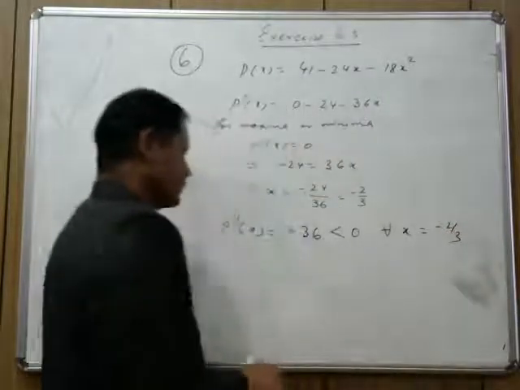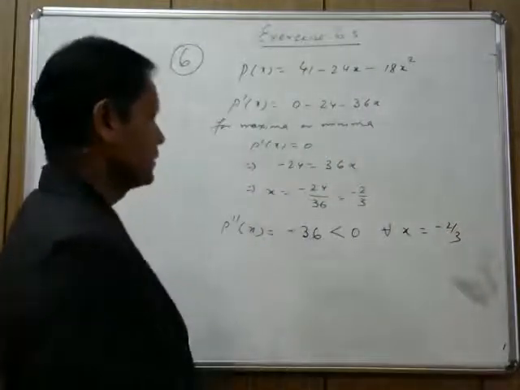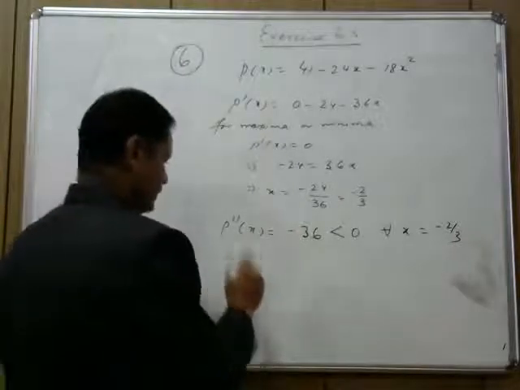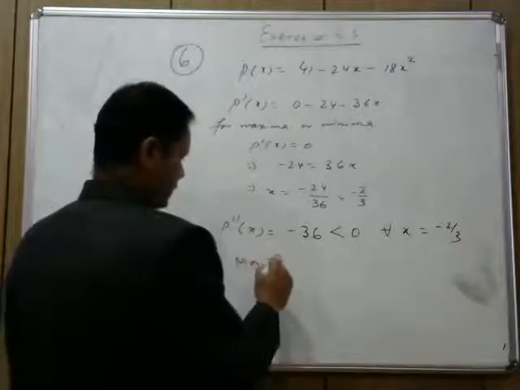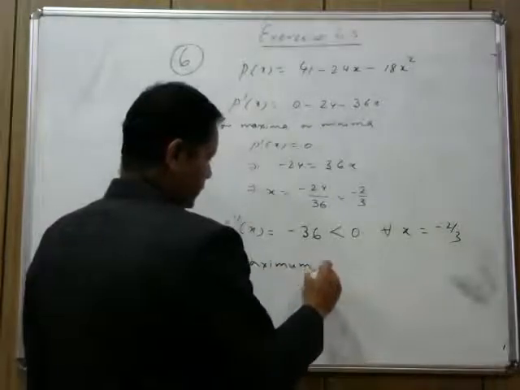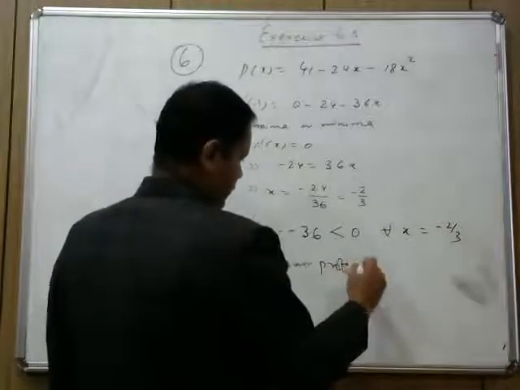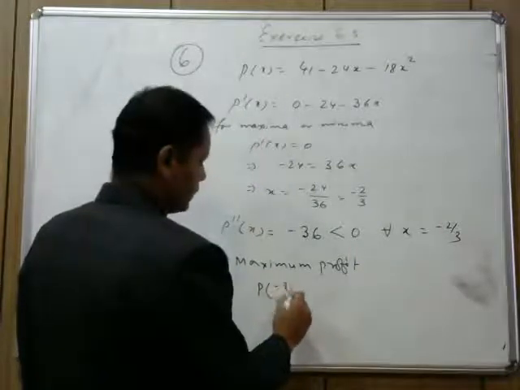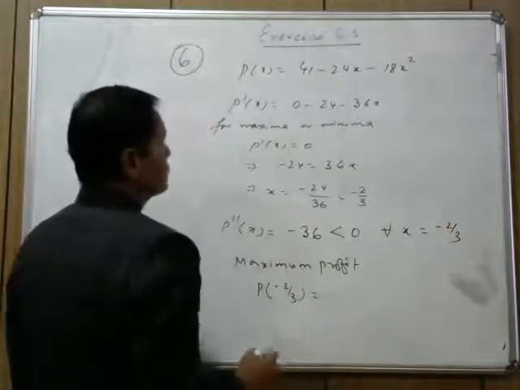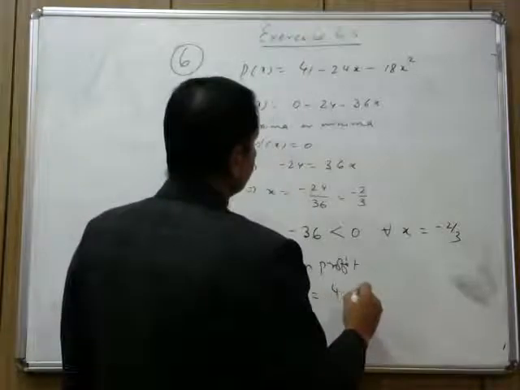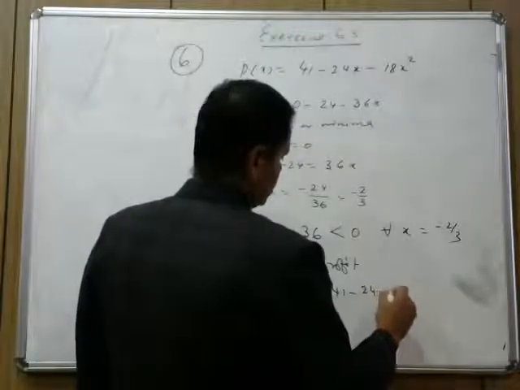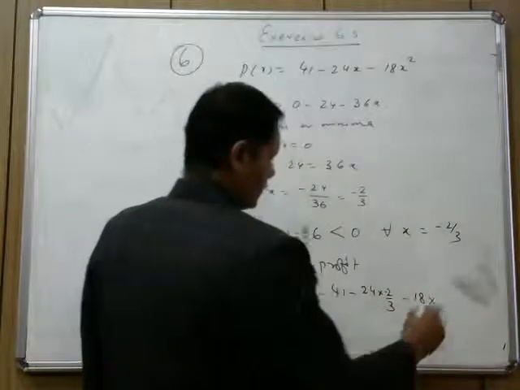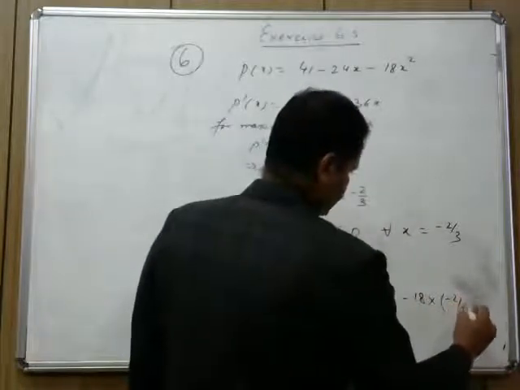And therefore, it will have maximum profit at x is equal to minus 2 by 3, and the maximum profit will be given by p of minus 2 by 3. So now p of minus 2 by 3 is 41 minus 24 into minus 2 by 3 minus 18 into minus 2 by 3 whole square.